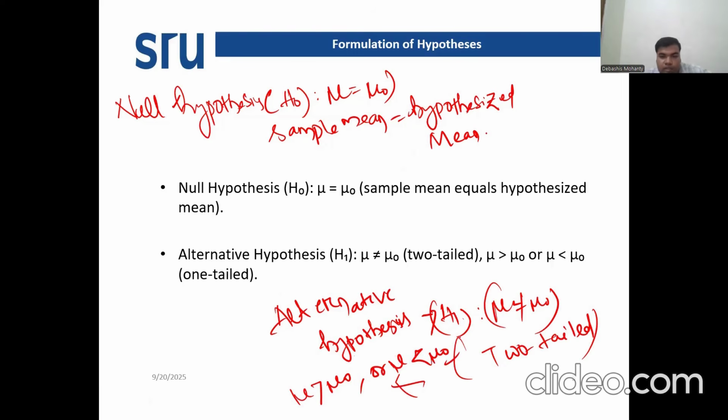In both cases we can consider the alternative hypothesis. We take the null hypothesis as mu equal to mu naught, and the alternative hypothesis as mu not equal to mu naught, which means either mu is greater than mu naught or mu is lesser than mu naught.